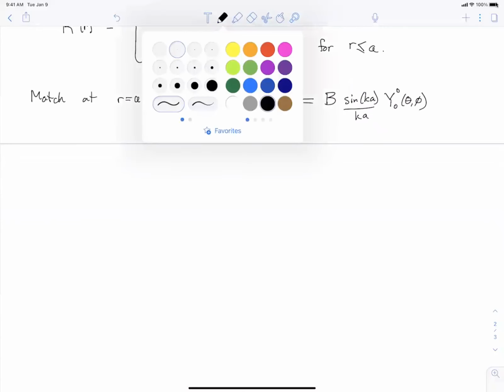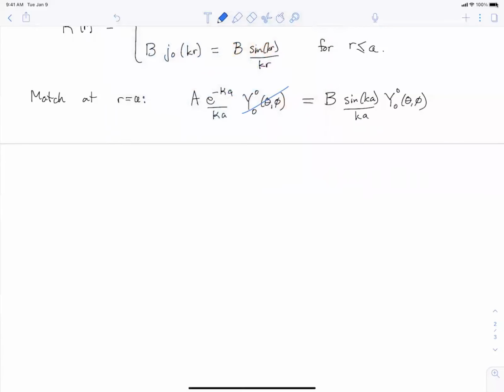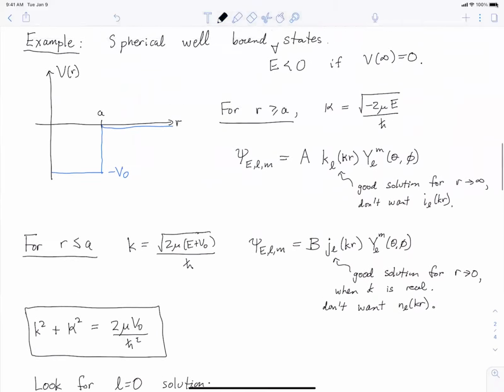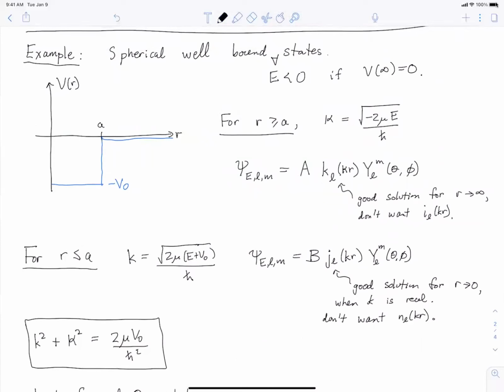So that just cancels out. And we get a nice equation, which says that our constant A times e to the minus kappa a has to equal B times kappa over K times sine Ka. Okay, so that's an equation we have to solve, in terms of this definition of kappa and this definition of K.